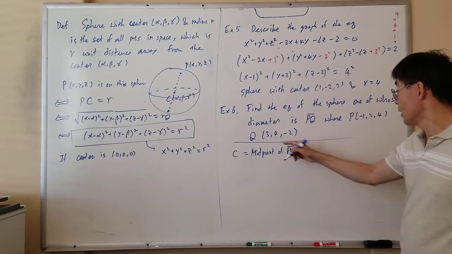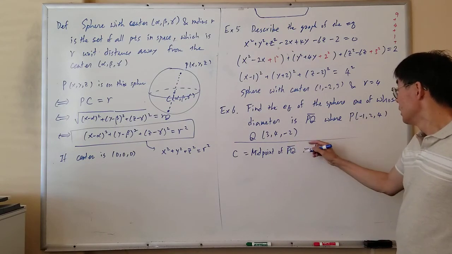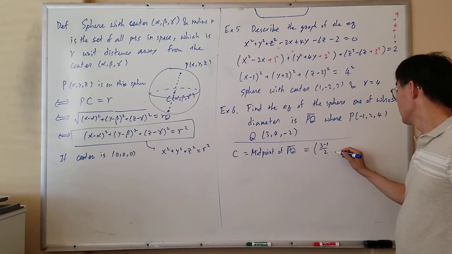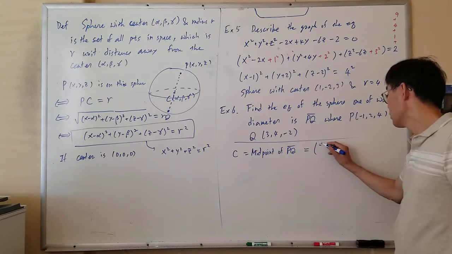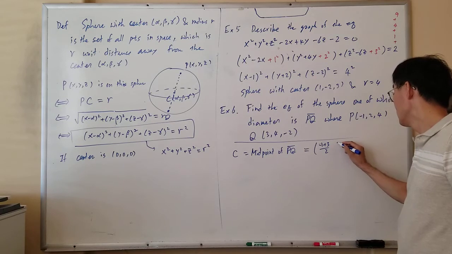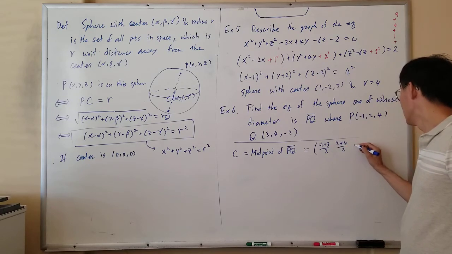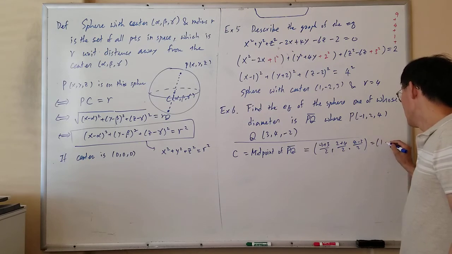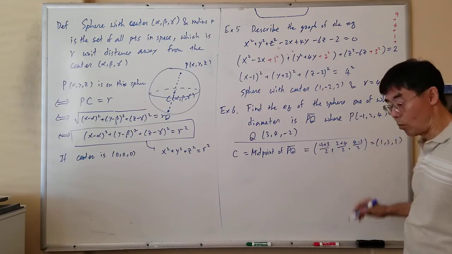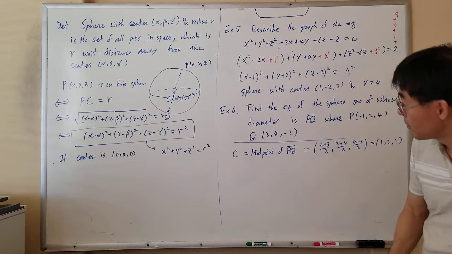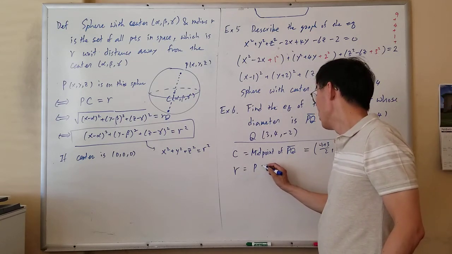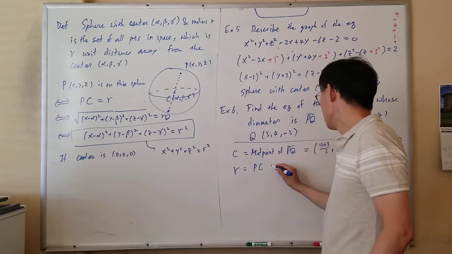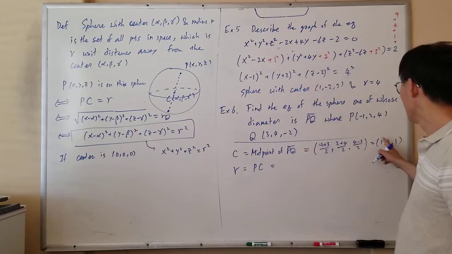So average of the x coordinates: -1 plus 3 over 2, 2 plus 4 over 2, 4 minus 2 over 2. So it is 1, 3, 1. Okay? And the radius is the distance between one of the points and the center, 1, 3, 1 and this one.